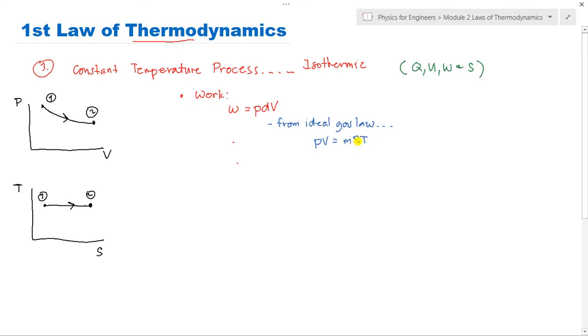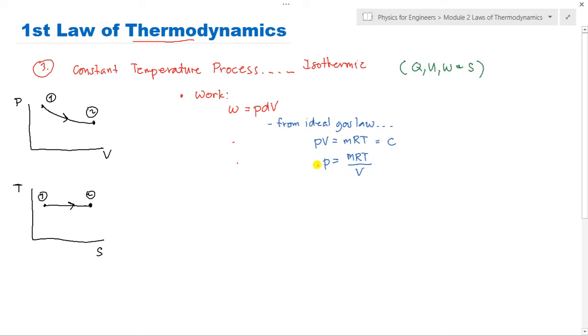And since this is constant, it is equal to a constant C, but C is just equal to mRT. And then here we can solve for P. That is, P is equal to mRT all over V.